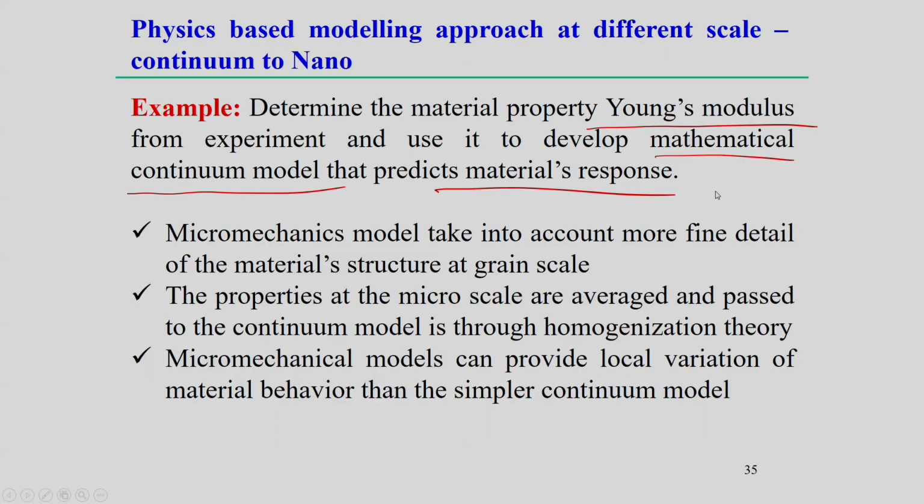Of course, the Young's modulus that we measure from the universal tensile testing machine for a tensile specimen is information that is usable at the continuum scale. That means we cannot use this information in very lower scale prediction.